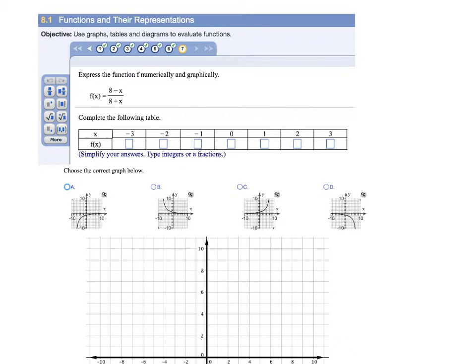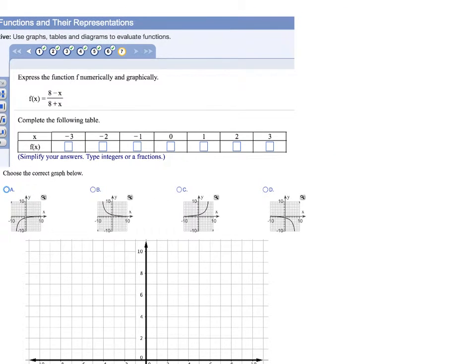All right, so for this one, we have a table, but the f of x, the y value here, has not been figured out. And so we have to use this formula, the recipe, to figure it out. So I'm going to copy that formula over here. So that's f of x, which is the same thing as just saying y, equals (8 minus x) over (8 plus x).